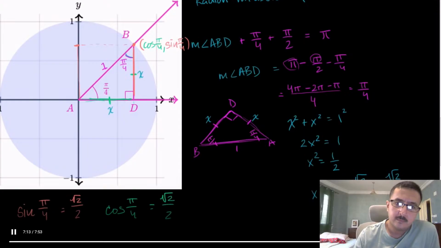Now, what is the tangent of pi over 4 going to be? Well, the tangent of pi over 4 is just sine of pi over 4 over cosine of pi over 4. Both of these are square root of 2 over 2. So the cosine is the x, and the sine is the y.